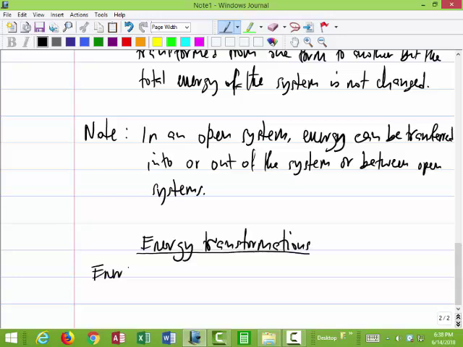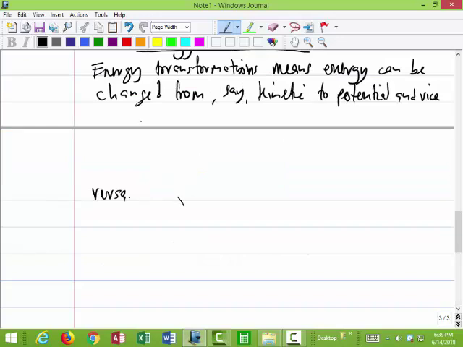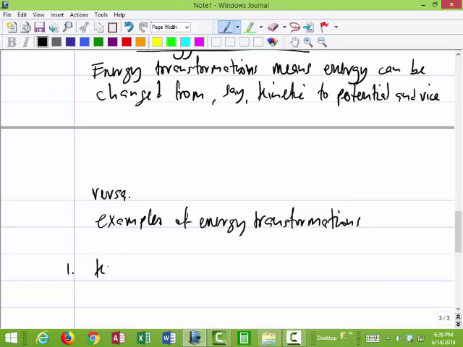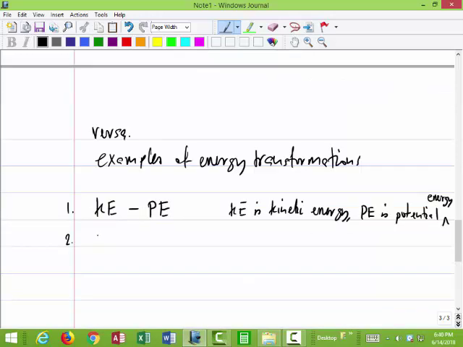So energy transformation means, let me show you a few energy transformations. So these would be examples of energy transformations. So we can have kinetic energy to potential energy. We can, of course, go from potential energy to kinetic energy.